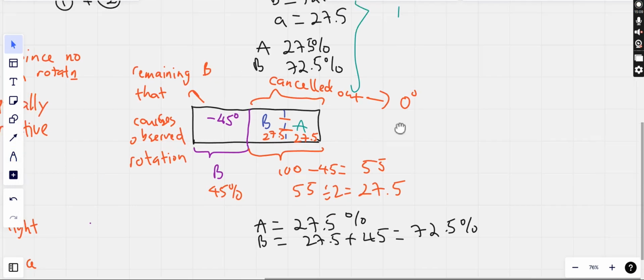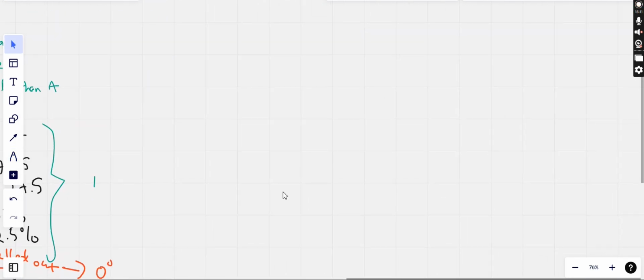Before I end off, I just want to caution you about optical rotation. There's this concept known as internal plane of symmetry.